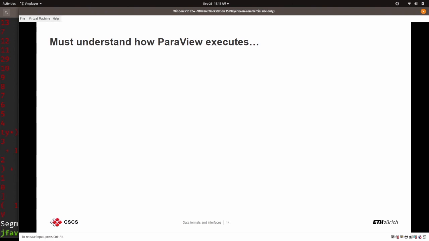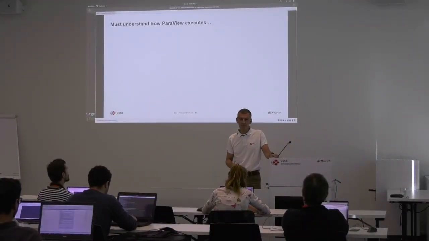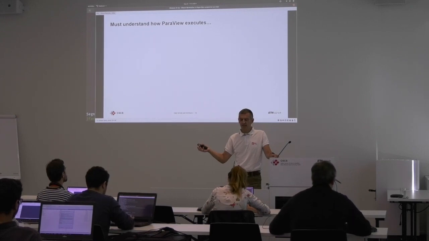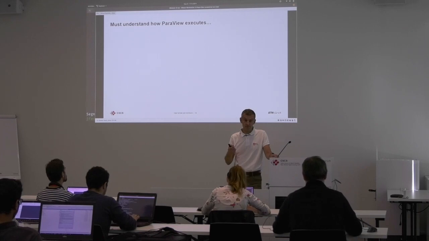So John, how do you know whether a format supports parallel processing or not? First answer is you try. So you try. ParaView crashes. It probably means that you're on a cluster and you have allocated multiple nodes, but all the data was read on a single node, so you run out of memory.